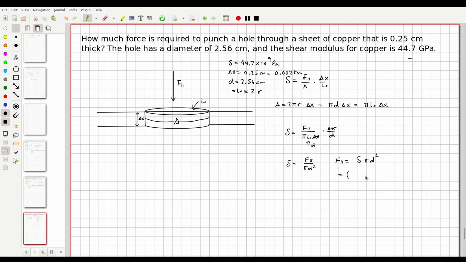All right, so our shear here is 44.7 times 10 to the 9th pascals. D is 2.56 centimeters, or 0.00256 meters. Gotta square that. Then we have a pi.